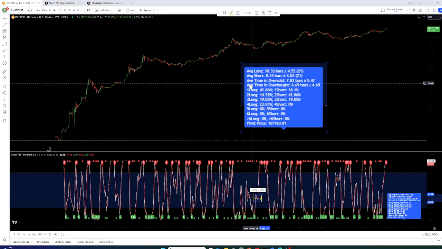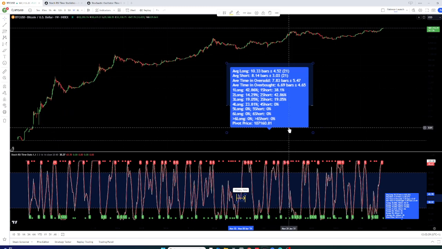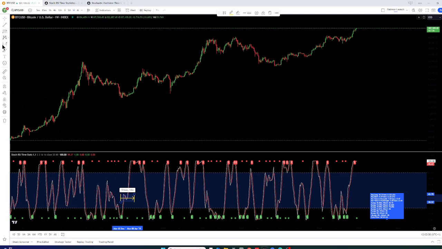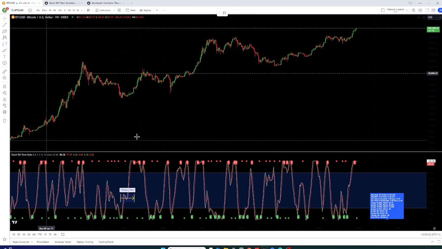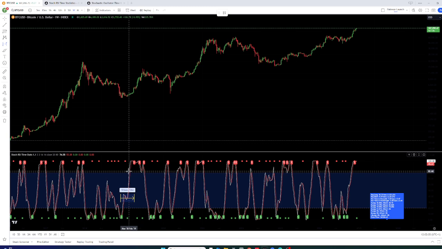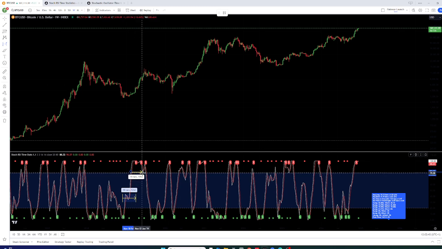And the next thing that we look at is the average time in either that overbought or oversold region. That would be measuring from the point where the oscillator, the K line, actually enters the overbought area or oversold area until it actually departs that.